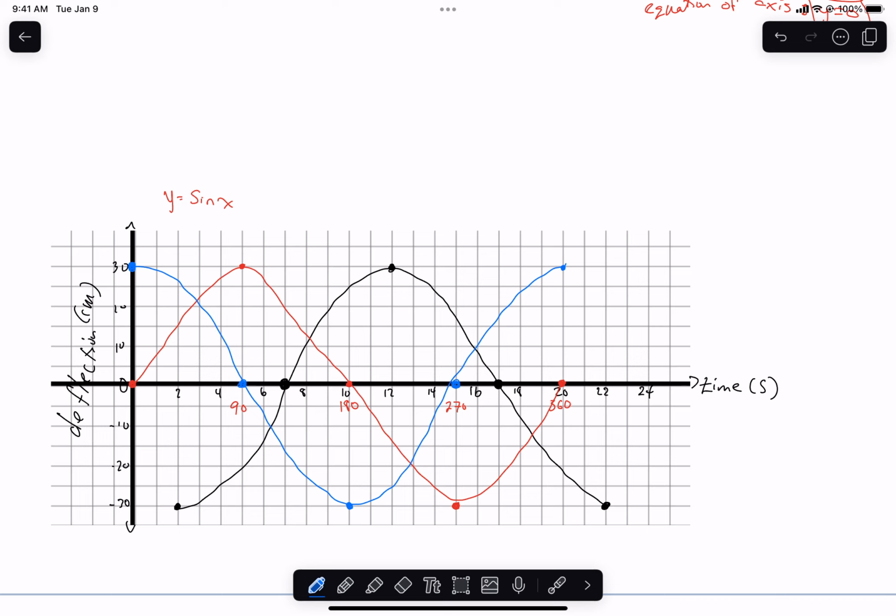Now you have to ask yourself, how do I turn the blue graph of cosine x relative to time into the black graph?